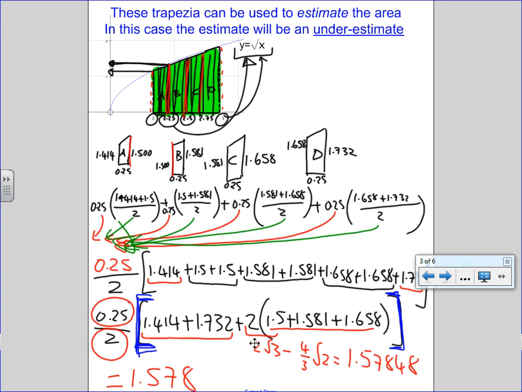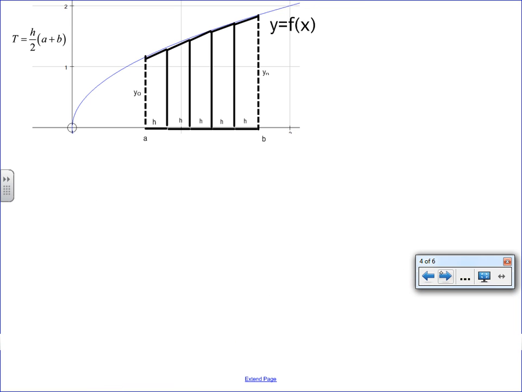So let's have a think what we're doing in general when we do this. We've got a random function, and we're going to work out the area of all of these trapezia, A, B, C, D, E, F, G, H, I, J, K, up to Z, however many you've chosen to do. And for each one, we've got the same height, well, we call it a height, but it's the distance across the bottom for the trapezia.